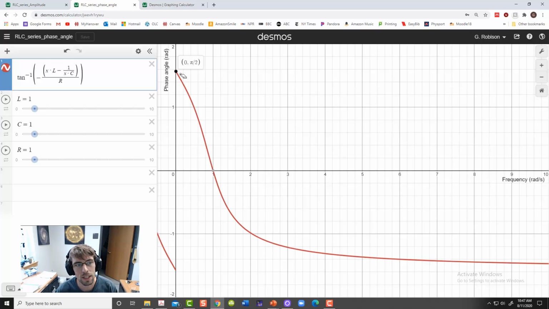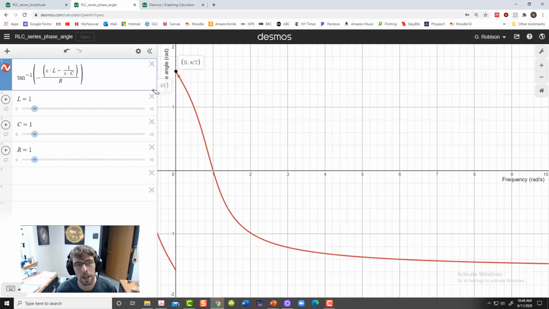And as we increase our frequency, you notice that the phase becomes smaller and smaller until exactly at 1. And this is because C and L are both equal to 1. At a frequency of 1, you'll notice that the phase shift is 0. And then as we continue increasing the frequency, the phase shift will continually asymptotically approach, excuse me, negative pi over 2.